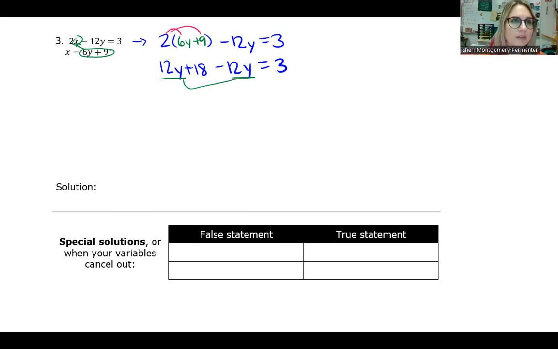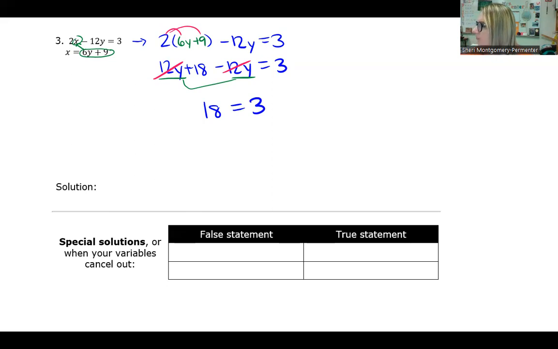When I put them together, what is 12 minus 12? Well, what's 12 minus 12? Yeah, so do I have y anymore? If I have 12 and I take 12 away, how many y's do I have? None. Like that cancels. So what I'm left with now is 18 is equal to 3.